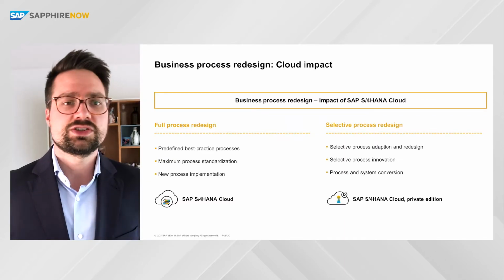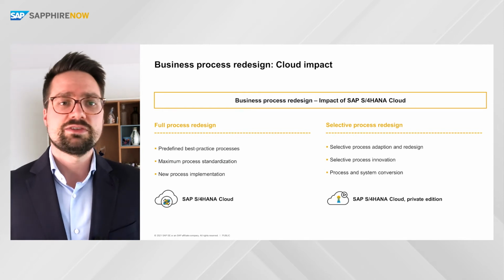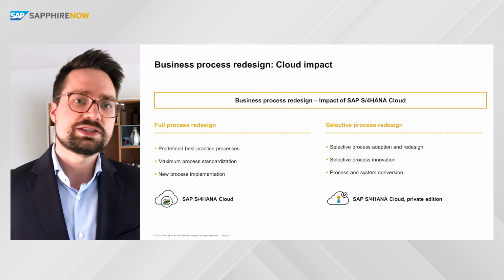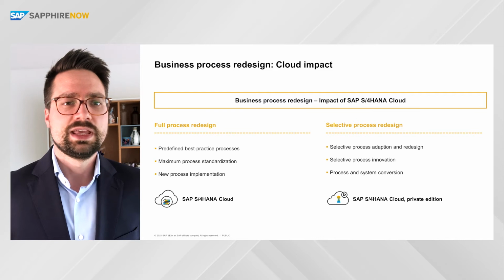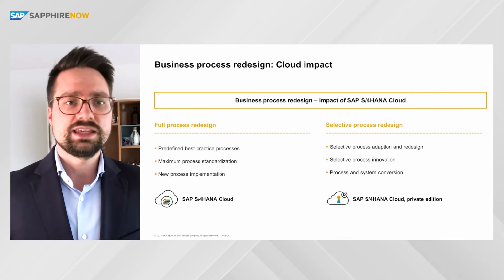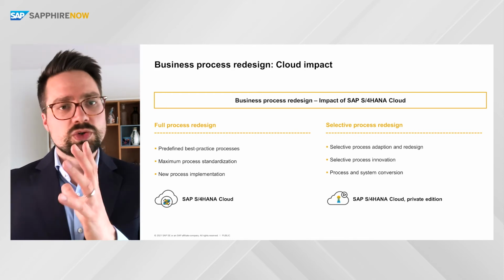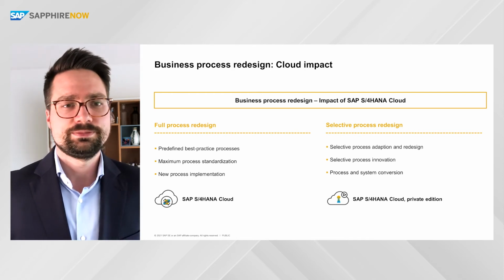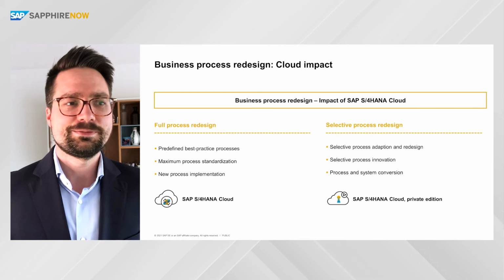The selective process change means you combine the best of a migration with the best of a greenfield implementation. And S/4HANA Cloud allows you to go from any of those ideas and starting points for your transformation into a real cloud setup. And that's a great message, I think.